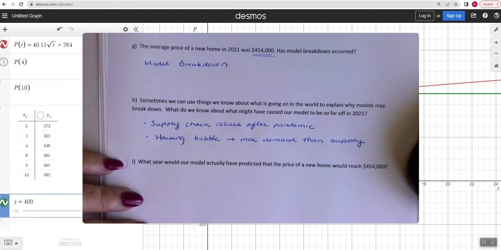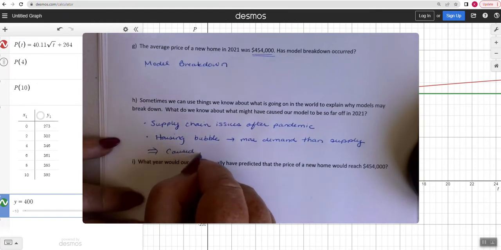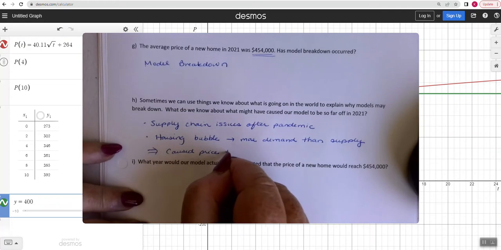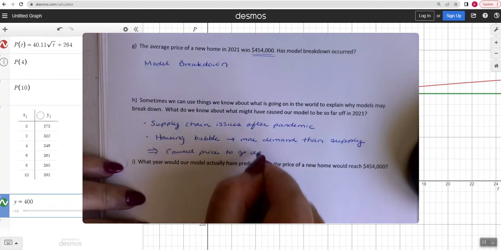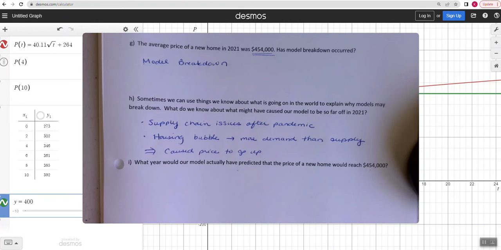Those kinds of things caused price to go up. And that's why our model didn't predict as large of a value for the average price as the reality was. Just out of curiosity, we can also ask ourselves the question, how long would our model have predicted it would have taken for that average price to have become $450,000 or $454,000?